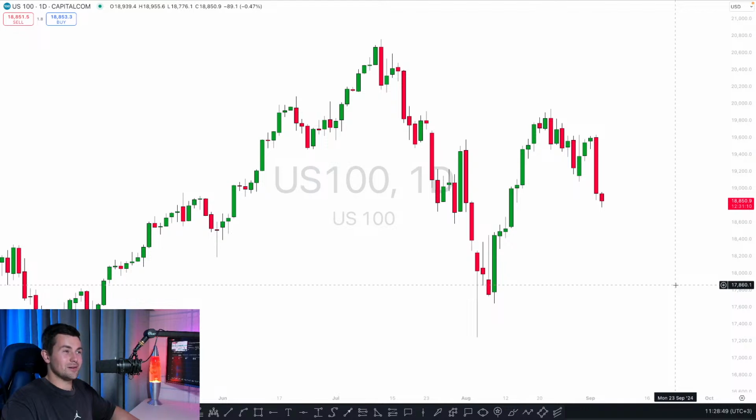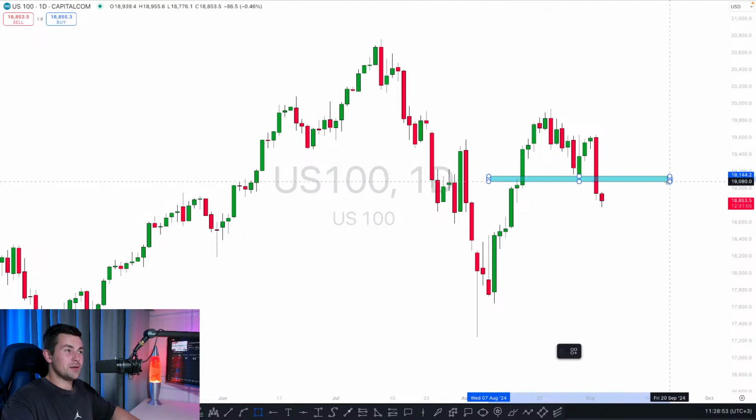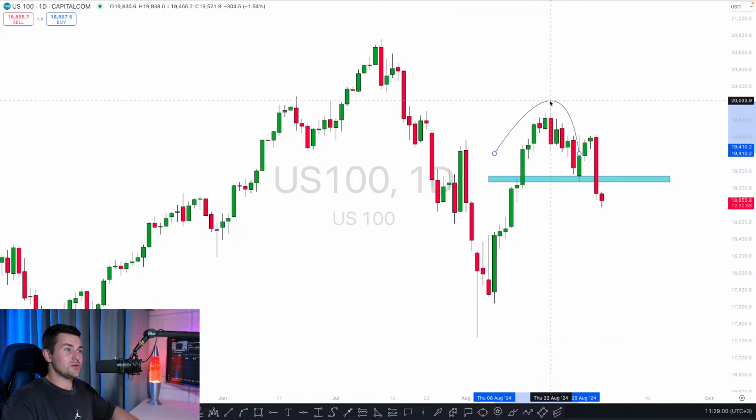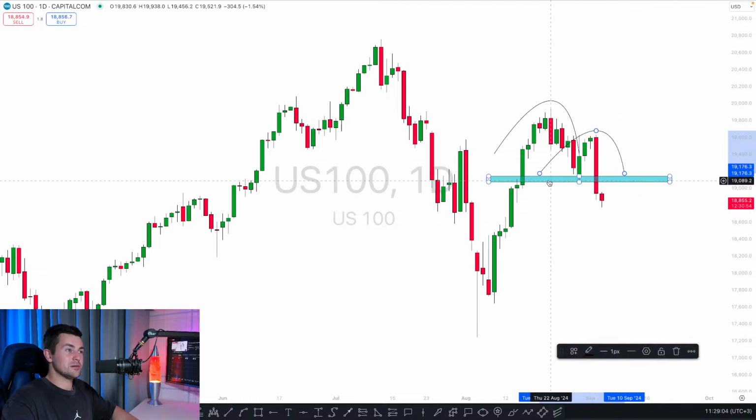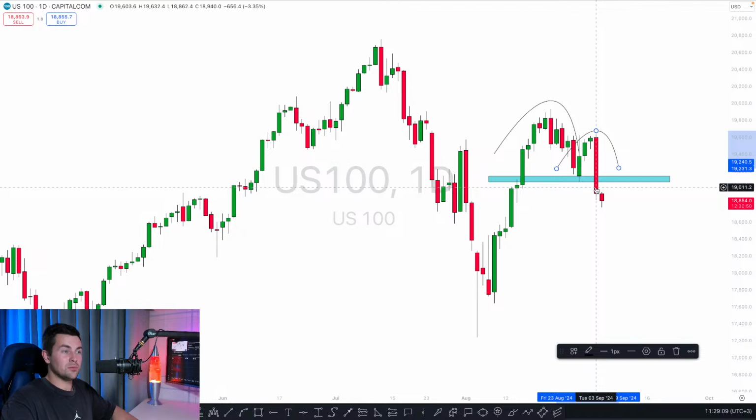Recently we have formed here on the daily time frame an inverted cup and handle formation. Right here is the pattern that the index formed, and the neckline of the pattern was broken. You can see that the daily candle closed below the neckline, and for now the index has a nice potential to drop lower.